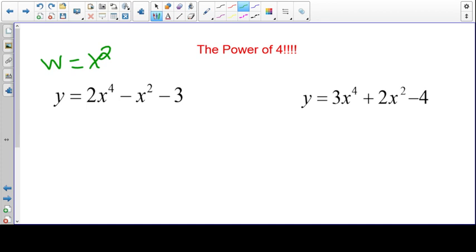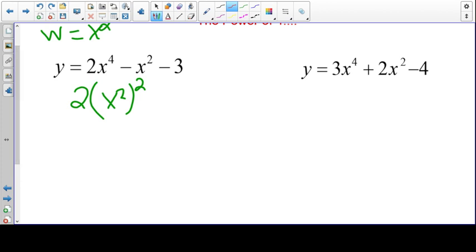So every time I see an x squared, I'm going to substitute w. But we also know that 2x to the fourth is x squared squared. So we have 2w squared minus w minus 3.